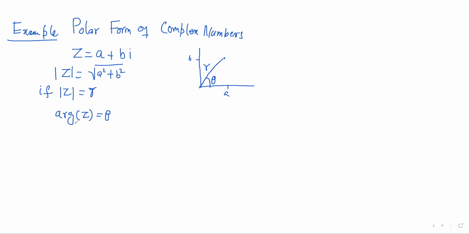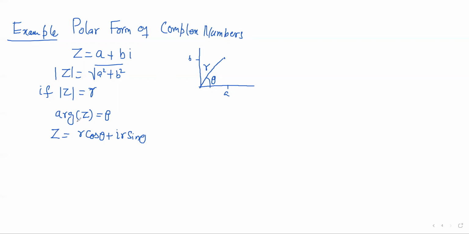The angle theta is the argument. Then we can represent z as r cosine theta plus iota r sine theta. So this complex number can be represented like this.